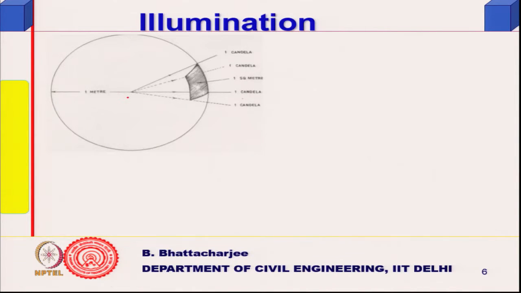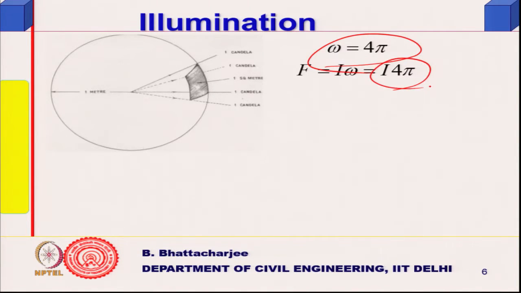So, like this is shown again, one candela is the source, the distance is r. In all directions, if it is a one candela source, it will emit 4 pi I flux, divided by 4 pi r square, which will lead to I by r square.